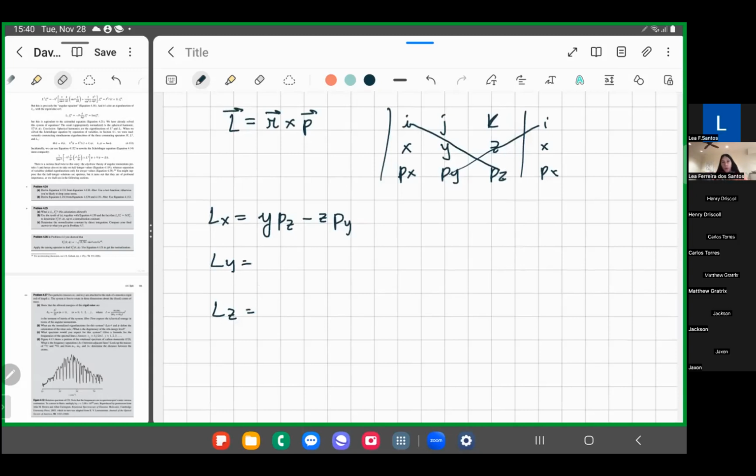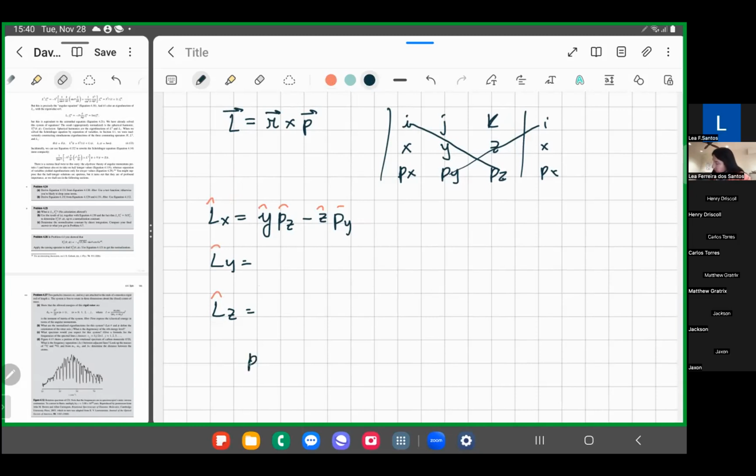We already talked about this. Well, this is classical mechanics. What changes in quantum mechanics? These components are now operators. So everywhere here, we are talking about operators. Let's pick LX as an example. What is the momentum operator?